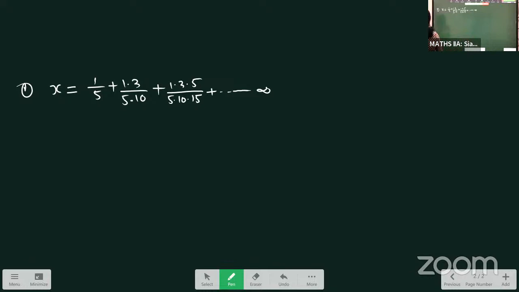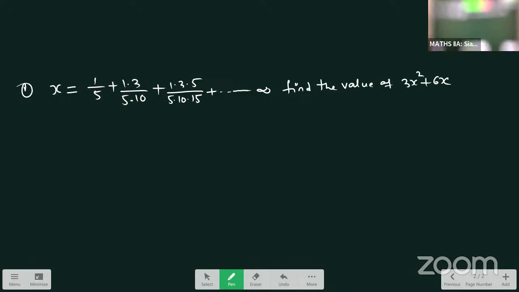Then find the value of 3x square plus 6x. So definitely it is an infinite series question.